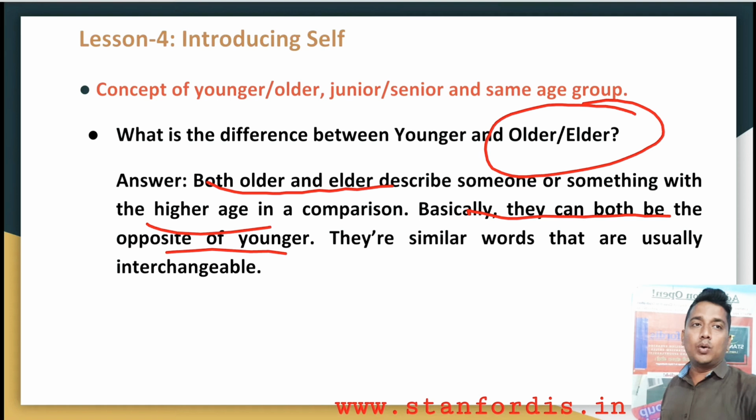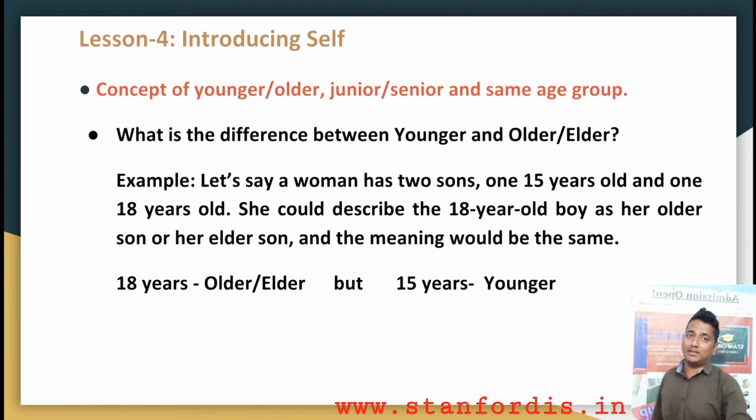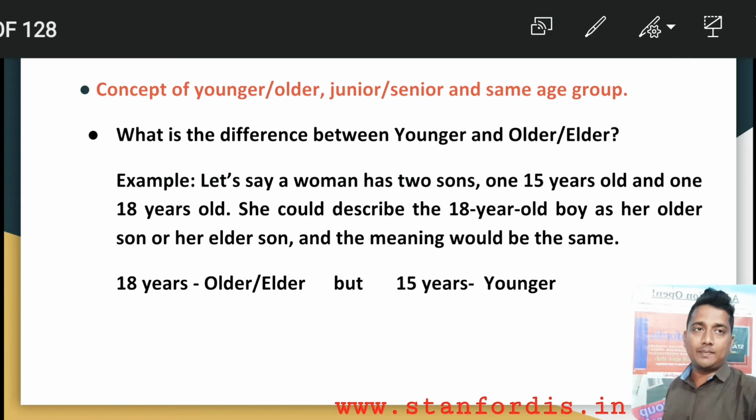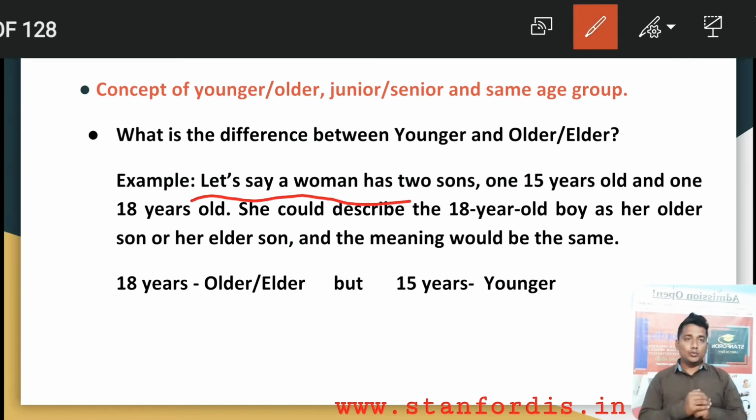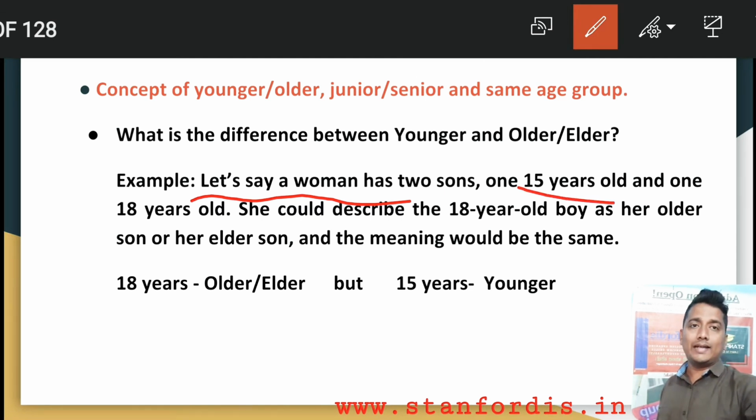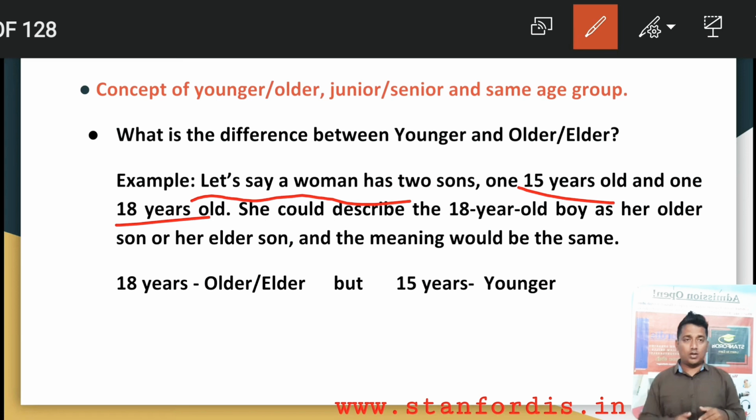Okay, so let's understand by an example. Suppose that, please pause the video and read it once. Suppose that a woman has two sons. One is 15 years old, the second is 18 years old. 15 and 18. So 15 is younger and 18 is older or elder.